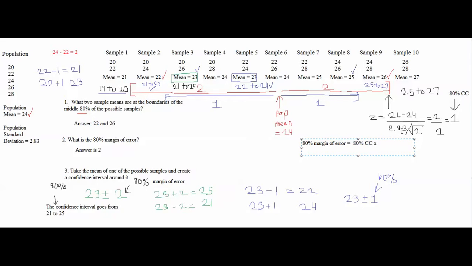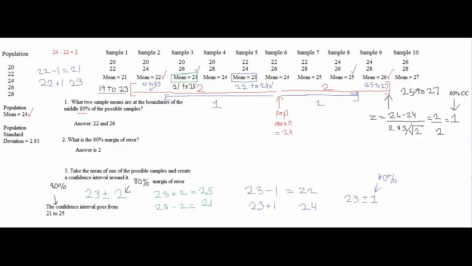You can take the bottom of the z-score and multiply it by the confidence coefficient, and you actually get the margin of error. I'm going to try to explain why this is the case.